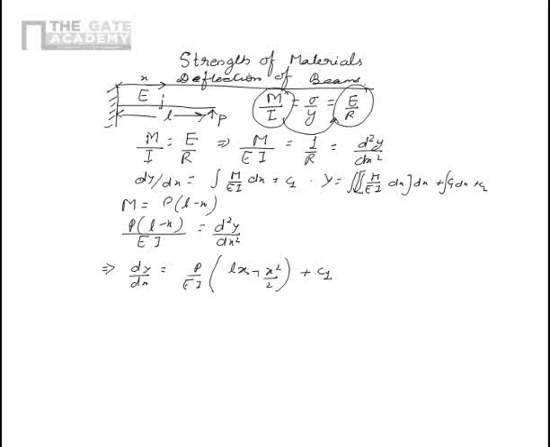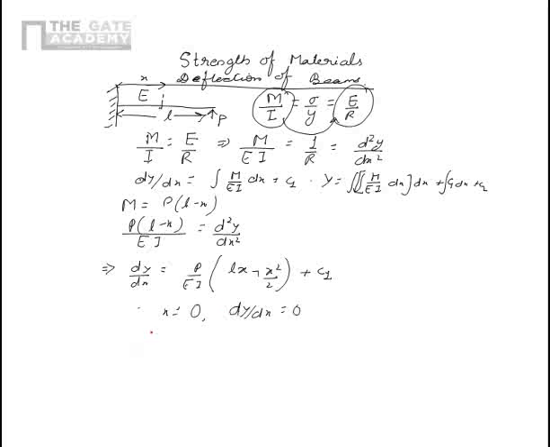Now you see at x equal to 0, which is a fixed end, there cannot be any slope because it is fixed in the wall. So the beam there is horizontal, so there is no slope there. So dy by dx is equal to 0 at x equal to 0.